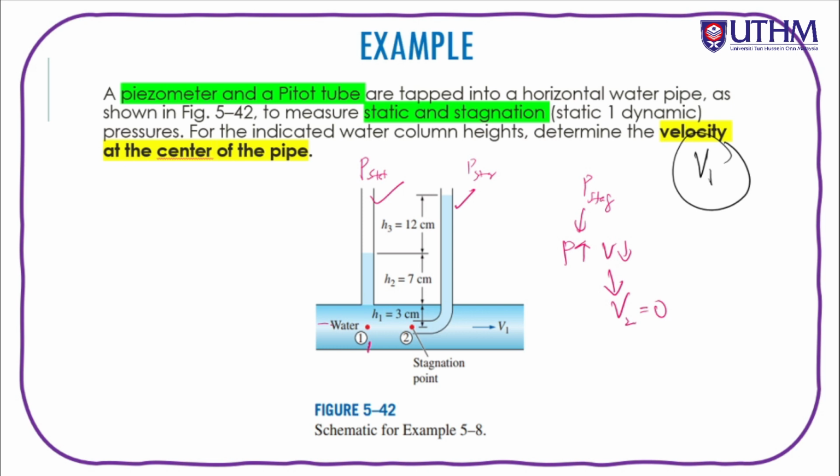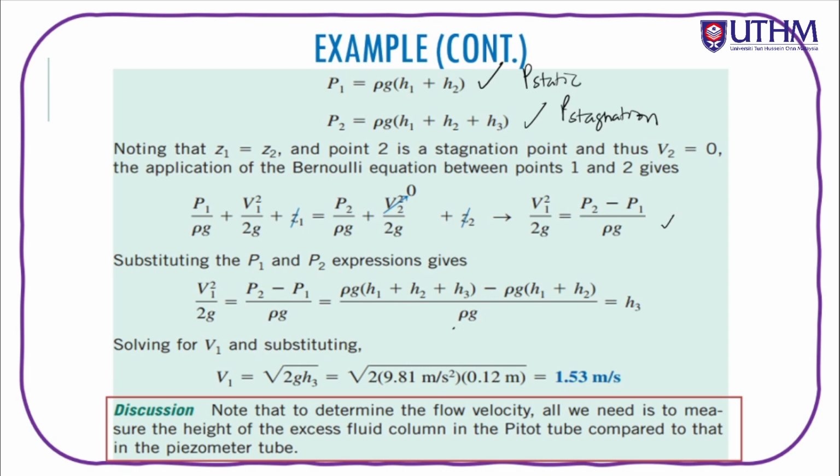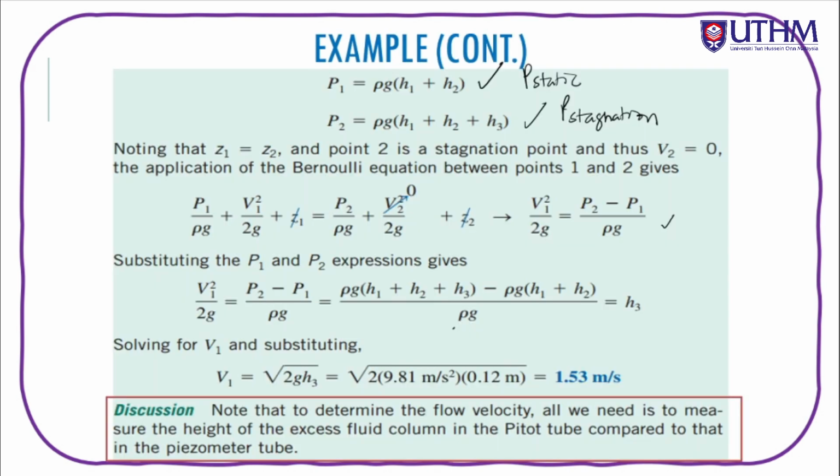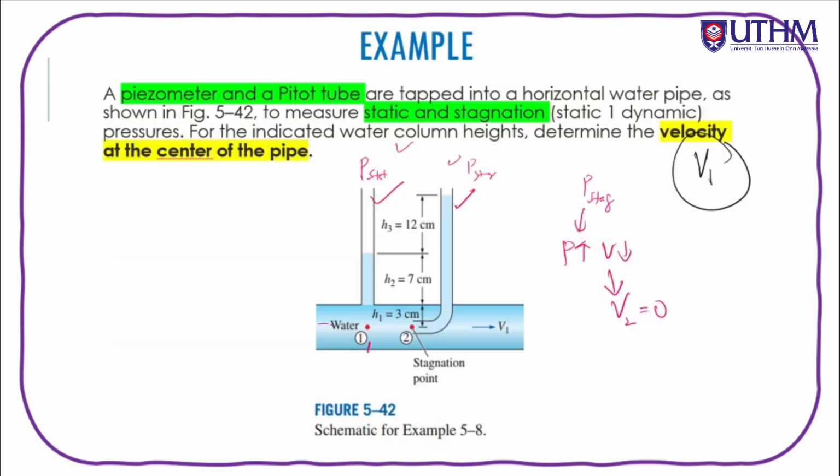Okay, so macam mana kita nak dapatkan the velocity kat situ? So firstly, apa kita buat, kita dah tahu dua-dua yang ada kat sini ada piezometer dan juga pitot tube. Lepas tu kita dapatkan equation for both P1 and P2, kan? So kita tahu pressure equals to rho GH. Okay, so for piezometer, rho GH dia, in which H dia adalah H1 plus H2 lah, sebab ketinggian dia sampai sini.